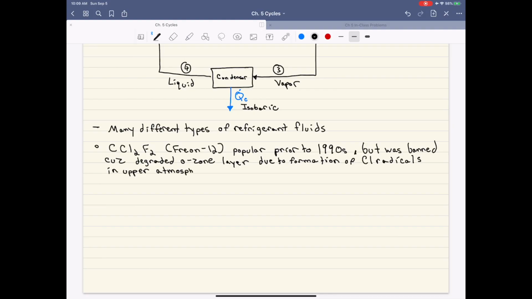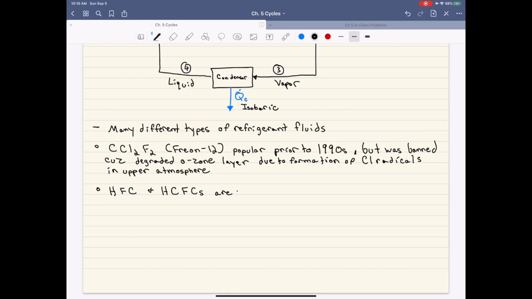And so since the early 1990s, there have been a lot of efforts to develop more environmentally friendly refrigerants. Some more environmentally friendly ones are hydrofluorocarbons, abbreviated as HFC, or hydrochlorofluorocarbons.